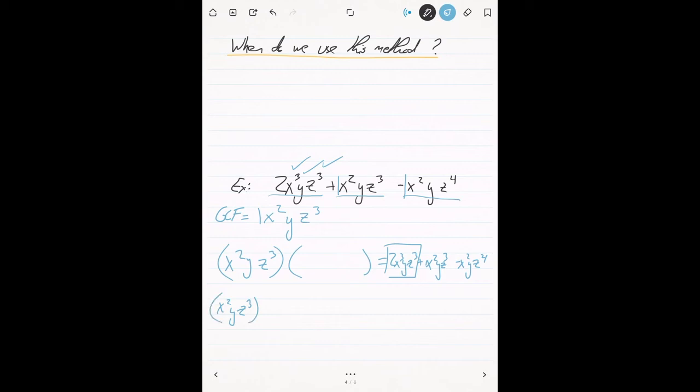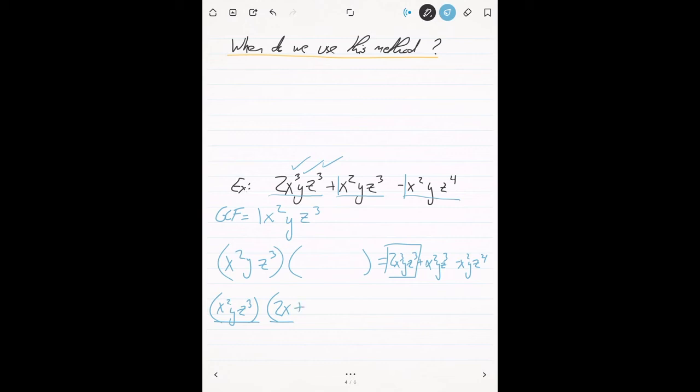Well, how did we get a 2x cubed y and z cubed? What could we have multiplied the GCF by? Well, we could have multiplied it by a 2. Then we have an x squared that turned into an x cubed, so we got to multiply it by 1x. The y stays the same and the z stays the same, so this is going to be our first term.